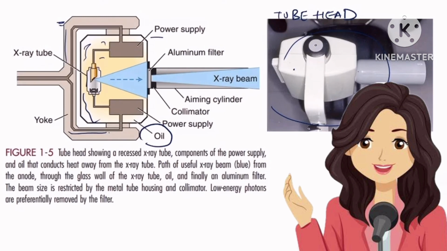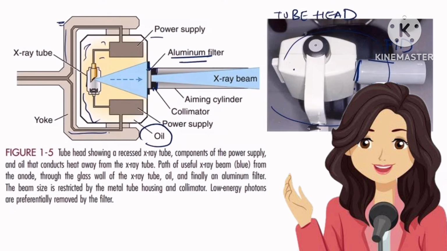At the window, this is the aiming cylinder, or you can also call it the PID, which is the position indicating device. At this window, you have an aluminum filter, which will filter out the scattered radiation or low energy photons. You will understand it once we proceed further. You also have a collimator here.